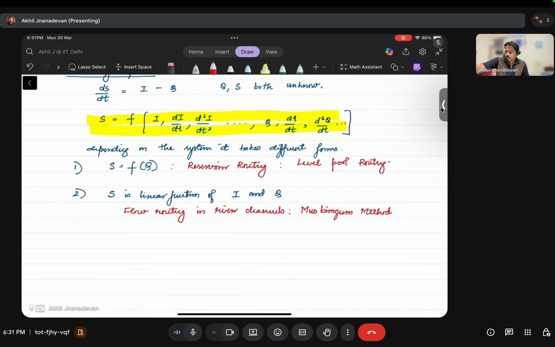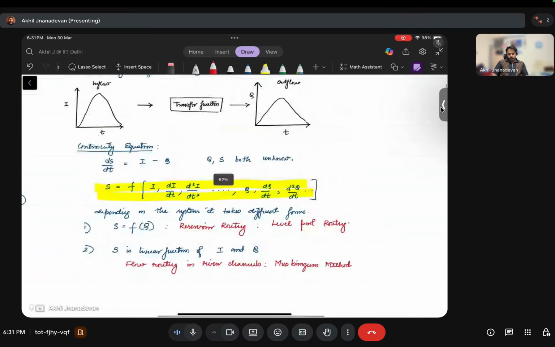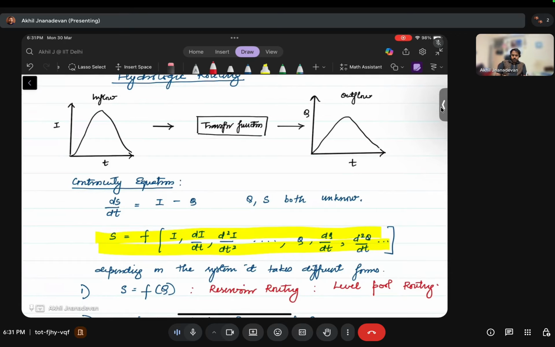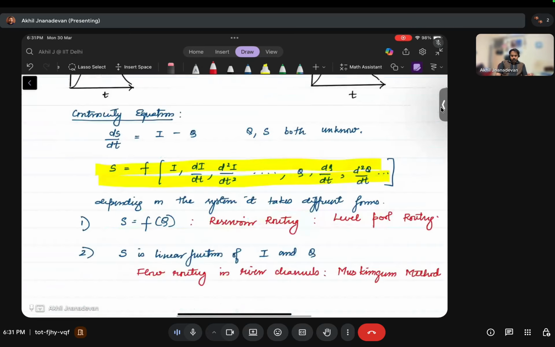It's clear. So what it basically says is that we will be making use of the inflow hydrograph, the continuity equation, and along with the continuity equation, a flow storage relationship. If the storage is a function of outflow only, then we call it reservoir routing, also called level pool routing.